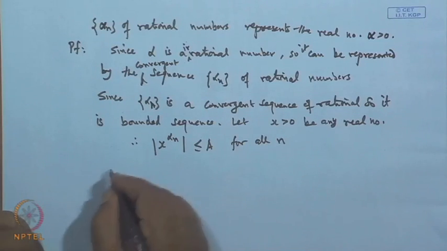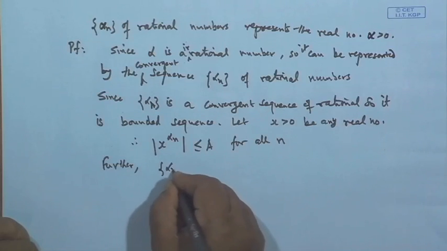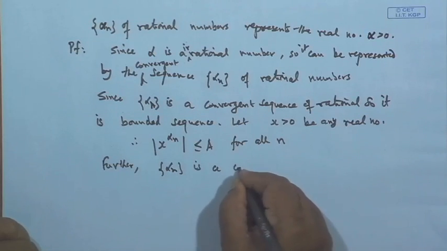Now, the sequence alpha n is a convergent sequence.